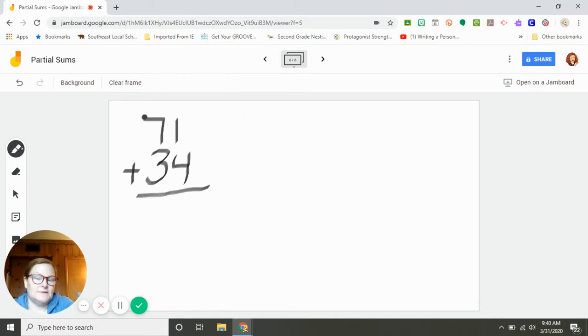So I'm just going to look at this right now and know that the 7 is in the tens place. So that's going to be worth 70. I did that pretty quickly, but guess what? If you need to write the base 10 blocks, go for it. This is just a good practice about value of the digits too, because that's what we really need to understand.